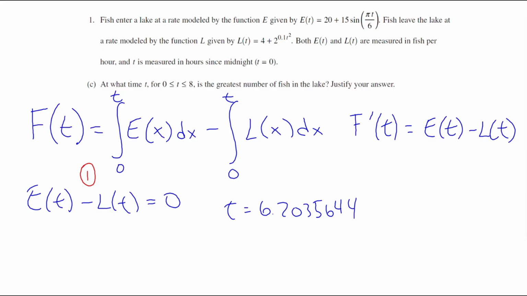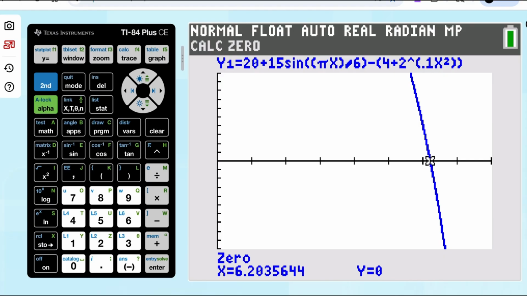And from here, now that we've found this value, we've got two options. One is just to evaluate our function at 0 and this t value, and at 8 and see which one is the largest value. Or the other option is to note that the derivative of this function was positive from 0 to 6.2 and negative from 6.2 to 8 because we didn't have any other intercepts.